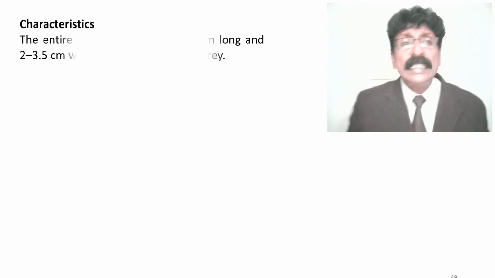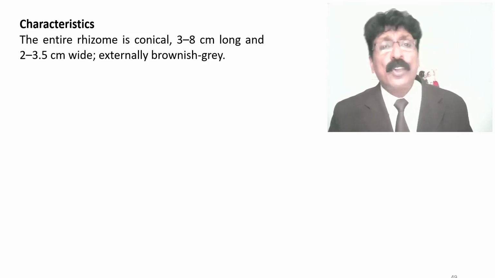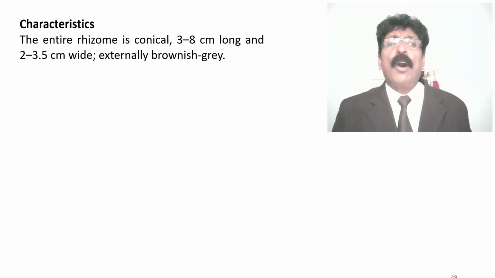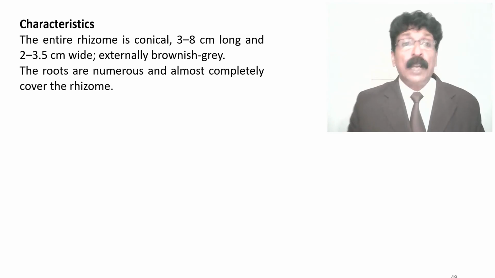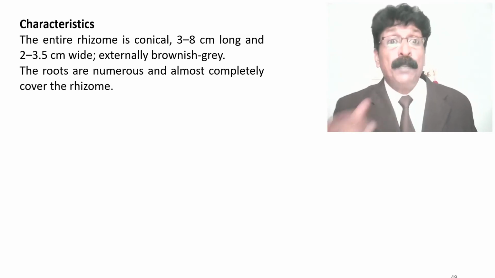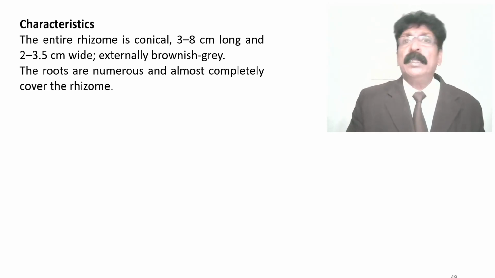Characteristic of this plant: the entire rhizome is conical, 3 to 8 centimeter long and 2 to 3.5 centimeter wide, externally brownish grey. The roots are numerous and, as shown in the picture in the previous slide, almost completely cover the rhizome.